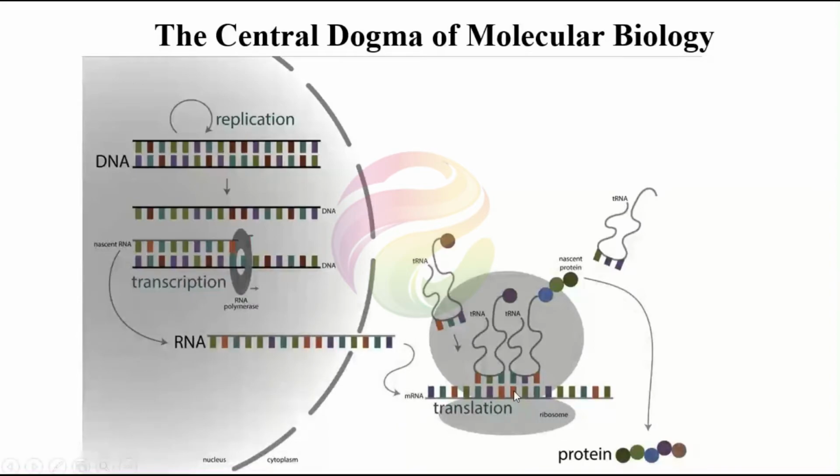In the translation process, when it is going to be scanned, it will tell which amino acid this is, and that is coming out of ribosomes, and it becomes a long chain of amino acids.